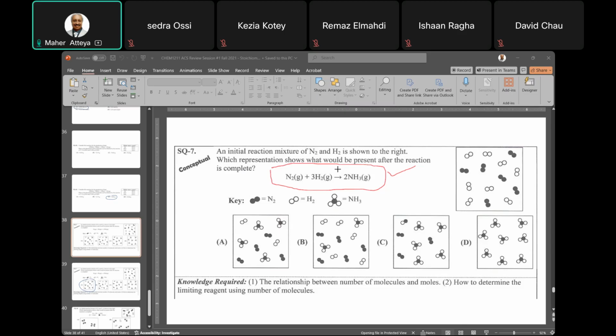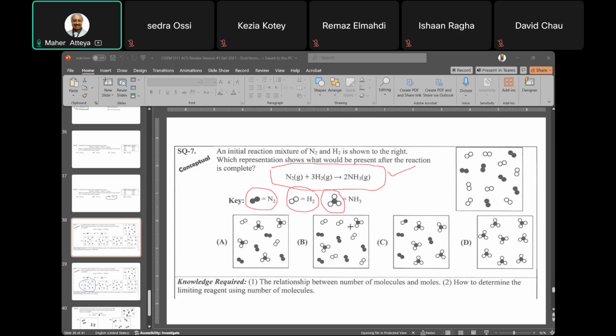Correct? One will be in excess, one will be limiting. So now I give you the hint. That's the key. The whites are hydrogen, the 2 dark ones are nitrogen. When you mix them, one nitrogen is dark, and the three are the hydrogen, that's ammonia here.